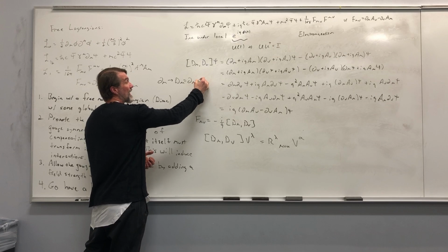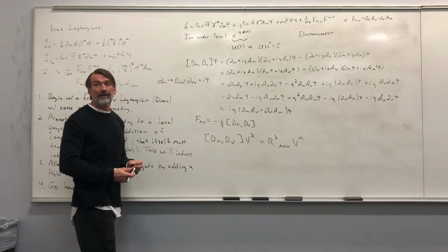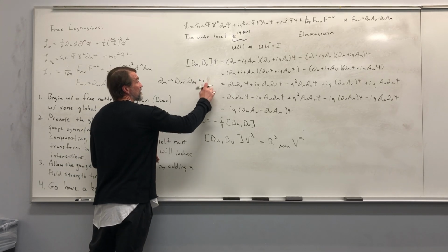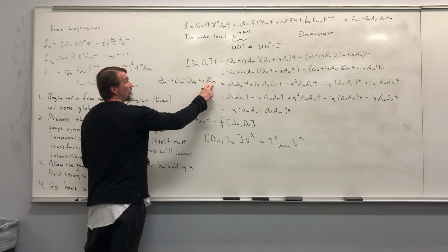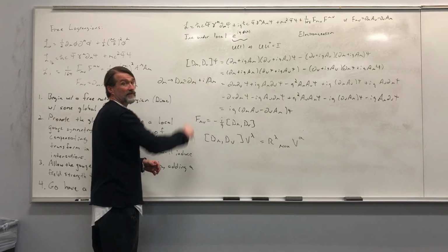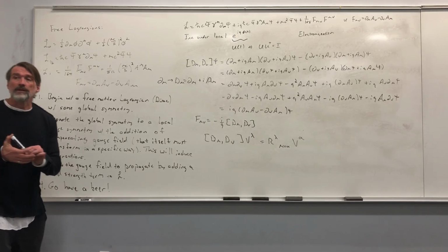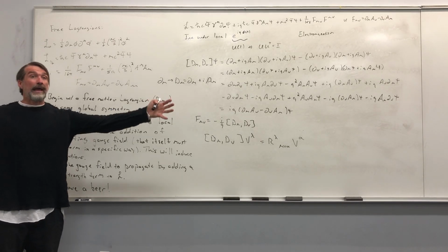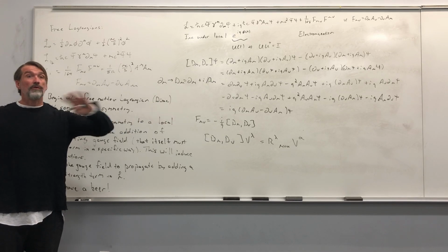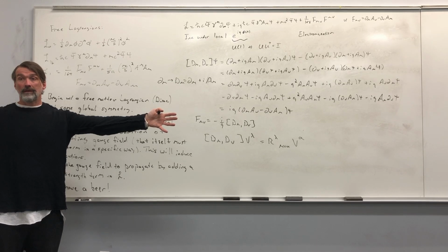I cannot add a spinor to it because this is a spinor plus a vector. That doesn't work. So it turns out that the field that I have to add, basically because you want it to take the same profile as the derivative, has to be a vector, a dual vector actually. But so this is the thing. You start this story with nothing but matter. No interactions, no vector particles, no scalar particles, just matter, spin-a-half particles.